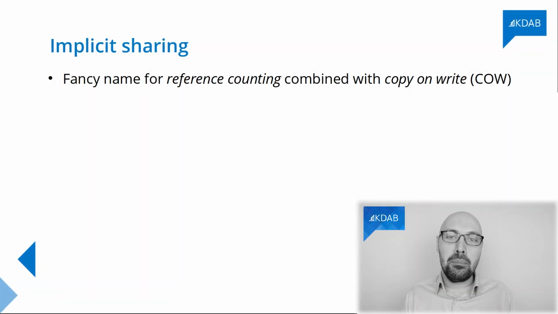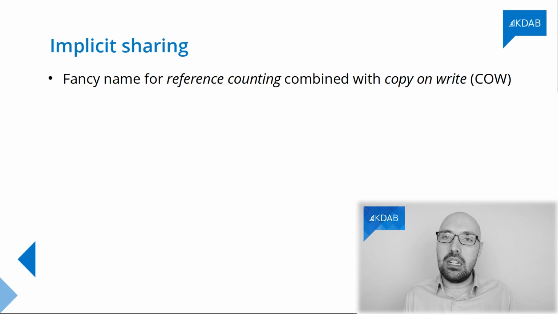So what is implicit sharing? If you open the documentation of many classes in Qt, you may find a note somewhere that says this class is implicitly shared. And you may be left wondering, okay, so what is that all about? It's fairly simple, actually. Implicit sharing is nothing but a very fancy name for something that we all know, which is reference counting.